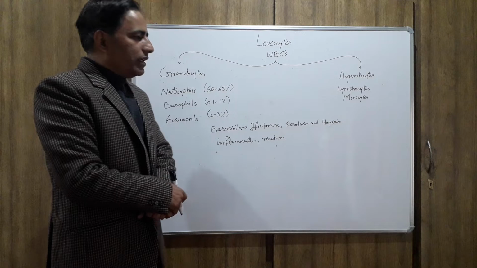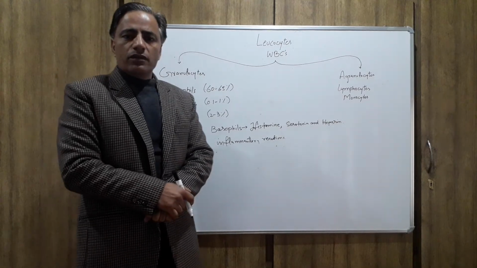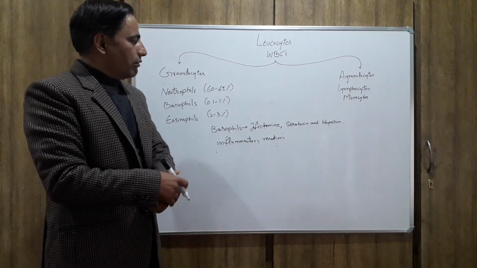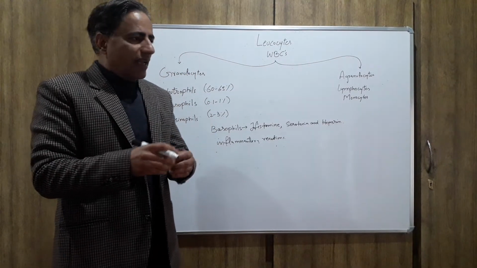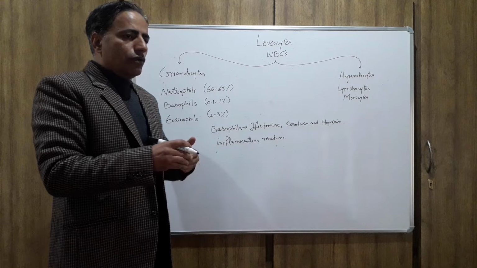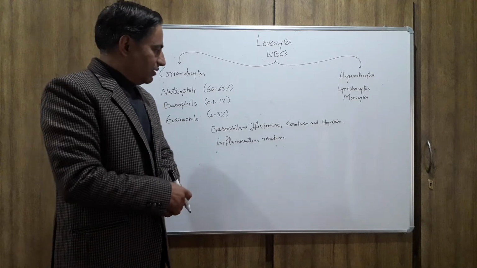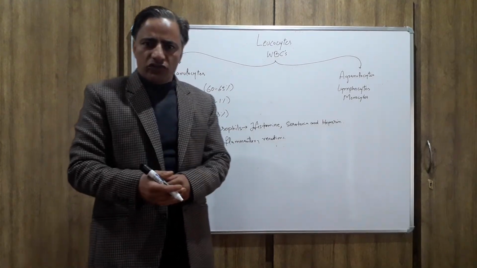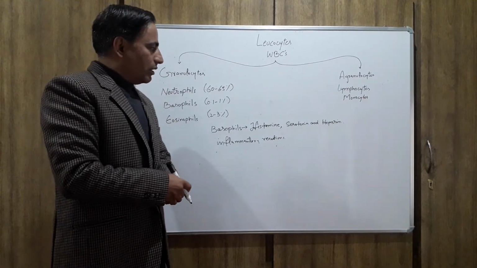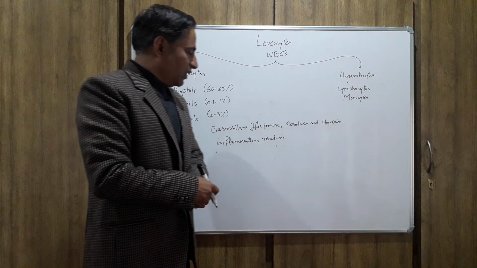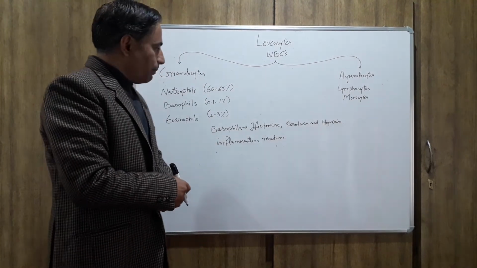Whenever the body gets injured or undergoes trauma, the inflammatory reactions are caused by certain factors such as microbes, damage to the tissue, injury, trauma, heat, etc. What happens at that time?